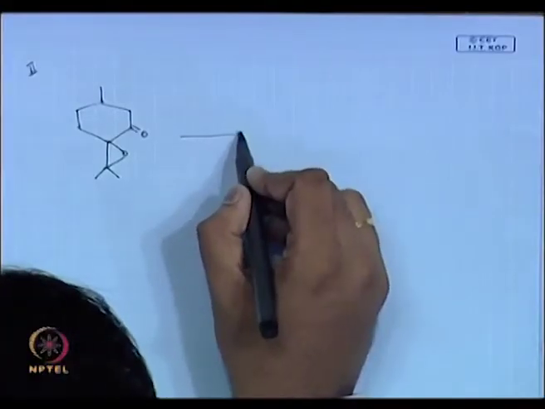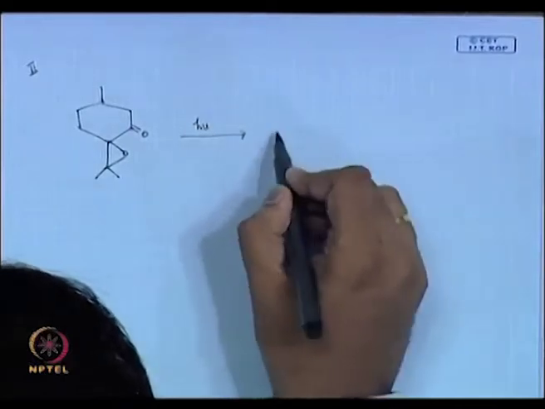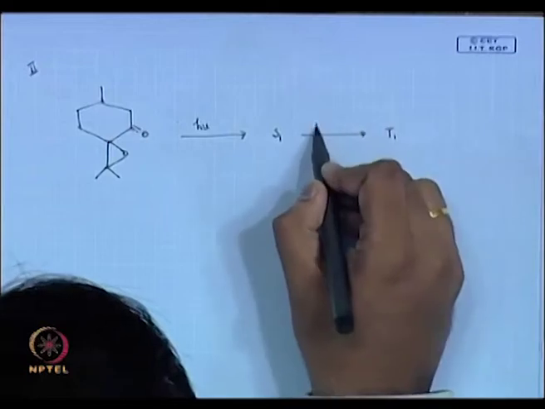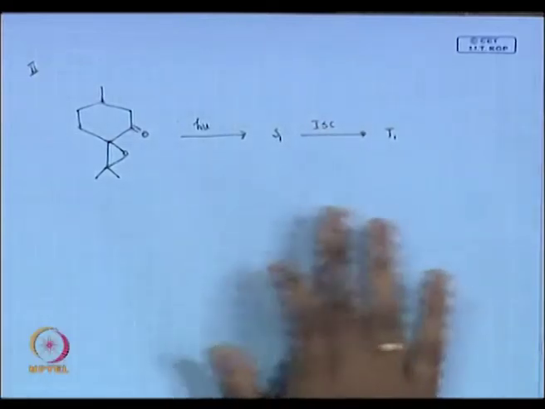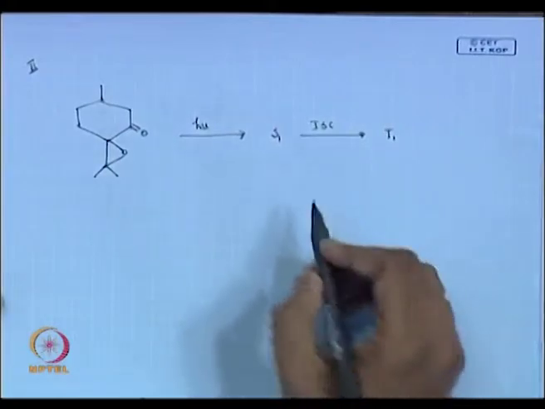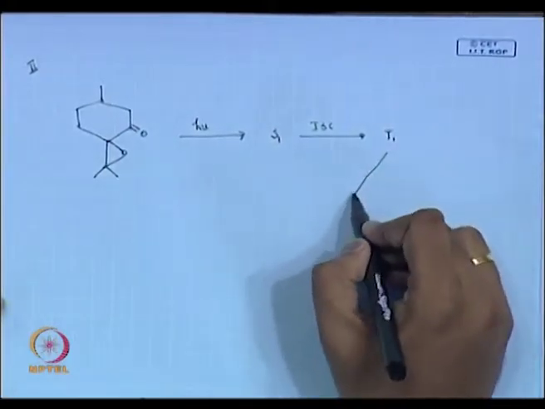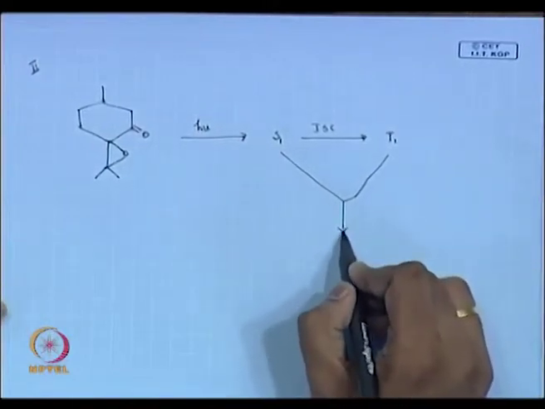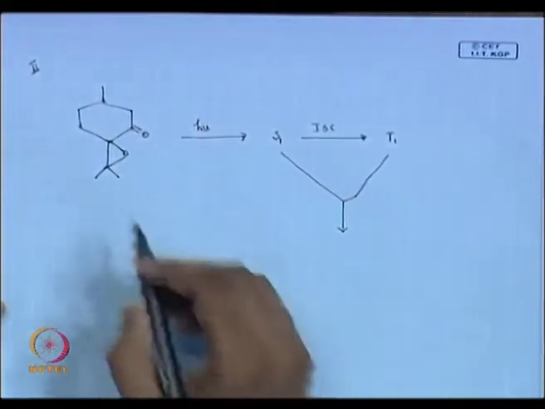As I said, once I photolyze, it goes to S1, then you can get intersystem crossing to T1. The photochemistry can happen from both states, predominantly from S1 and T1. So, you can then get your beta cleavage.